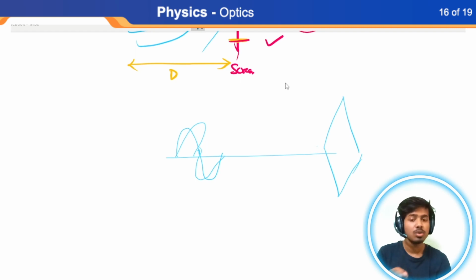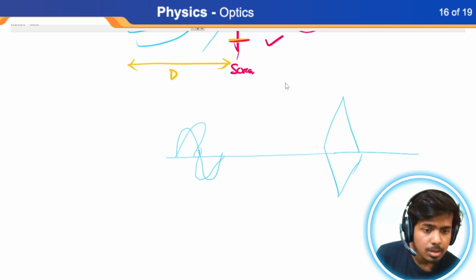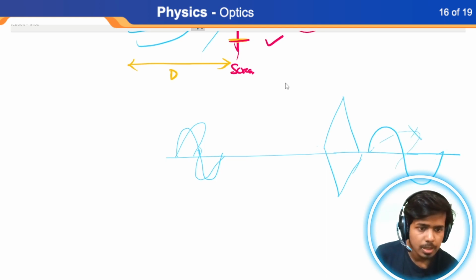It only allows this part, and doesn't allow the electric field that is in this manner. So the light gets polarized. This is polarization, and this is a polarizer.